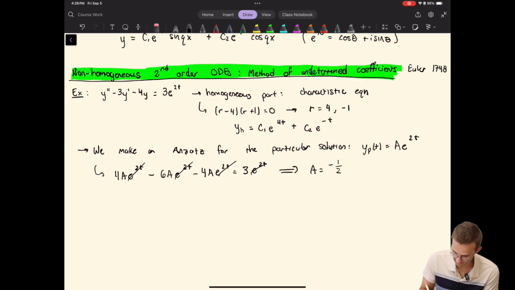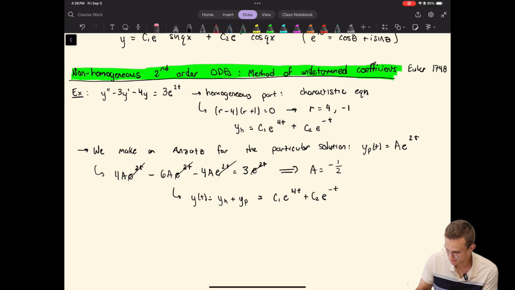Okay, and then in the end, y of t is equal to the sum of the homogeneous and the particular parts, and so you get c1 e to the 4t plus c2 e to the minus t plus minus 1/2 e to the 2t.